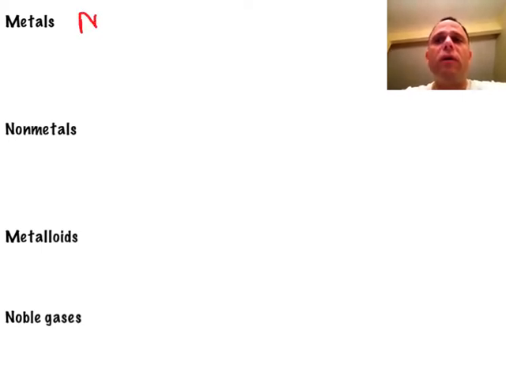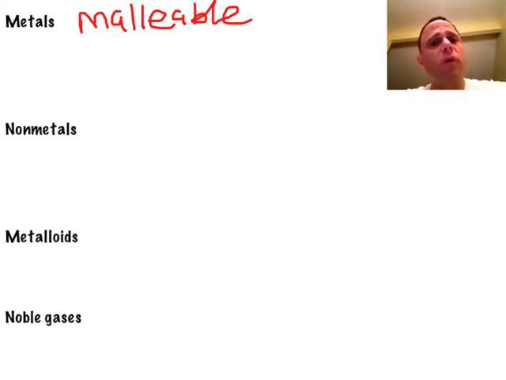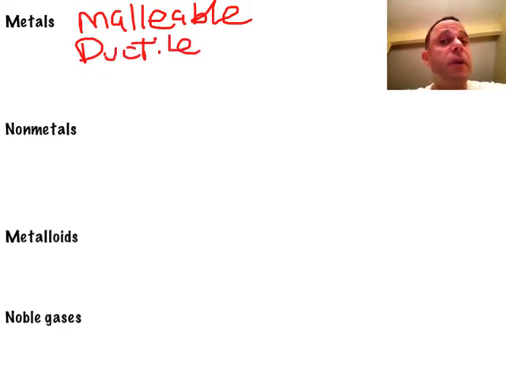Metals are malleable, which means that they could be struck with a hammer or a mallet and it can change shape. Metals are ductile, which means that they could be pulled into a wire.